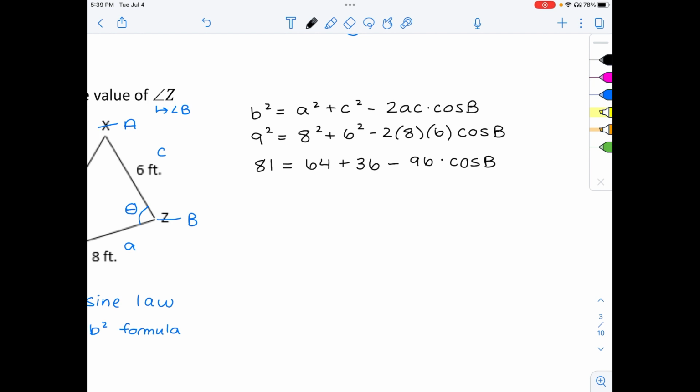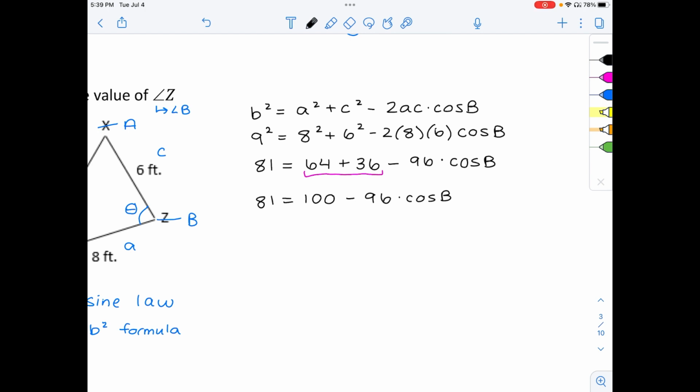Next I'm going to add these together. I'm not subtracting 96 because it's attached to the cosine of B through multiplication. So this side is still 81. 64 plus 36 is 100. And this just stays as 96 times cosine of B.